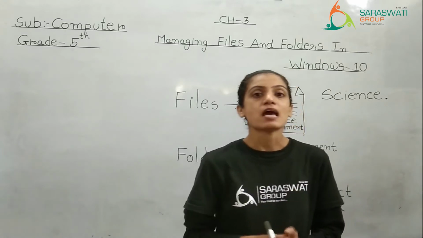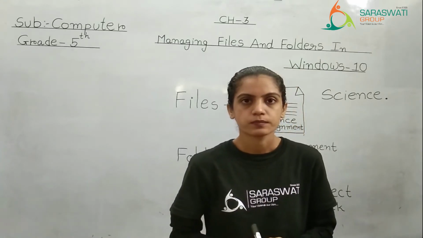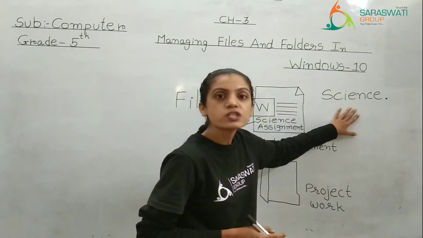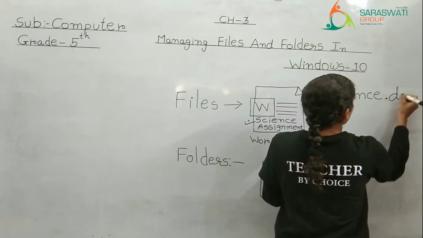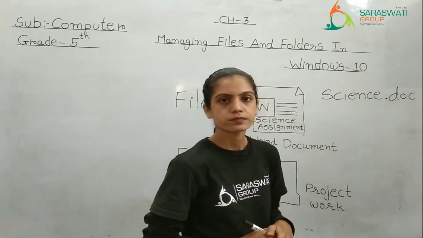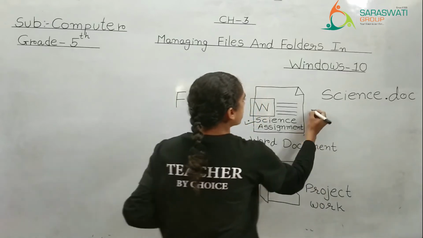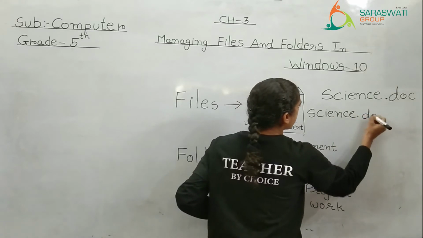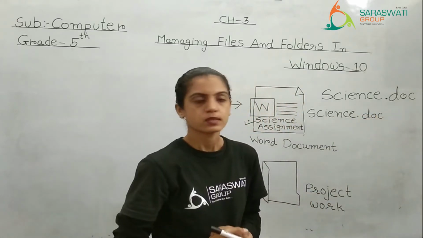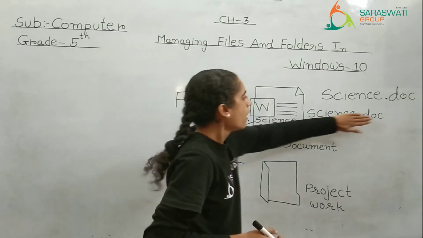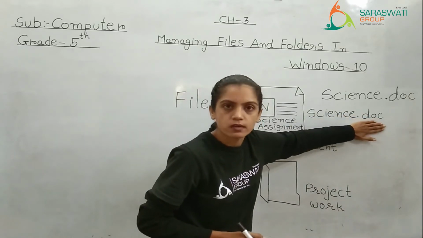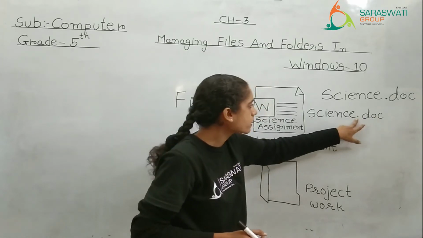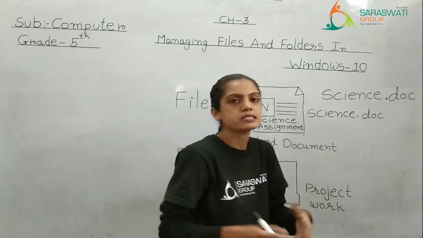Every program has a different extension, right? Suppose this is the document file. So the extension for the document file is DOC. Here I am writing again science.doc. So this is the name of the file and this is the extension. The extension comes after the dot, right? This is the dot sign, and what comes after it is the extension.